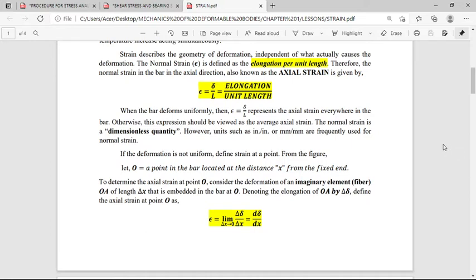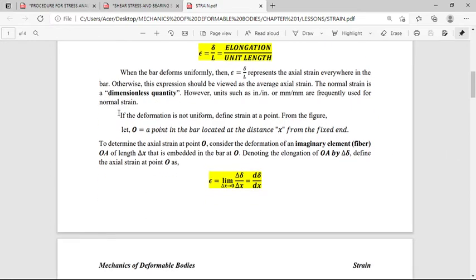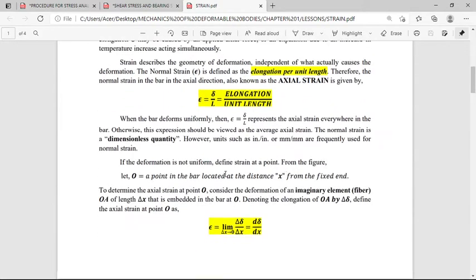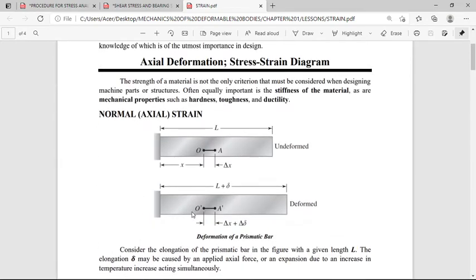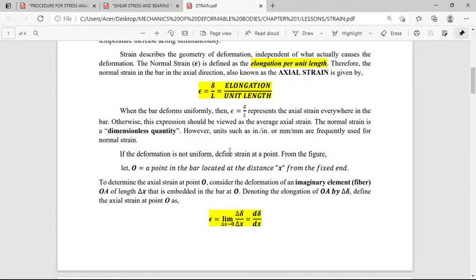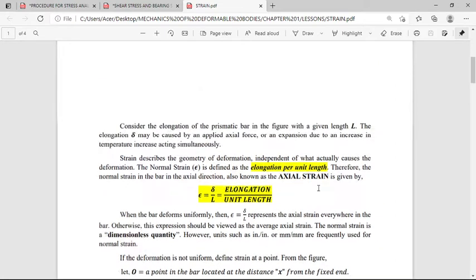So, if the deformation is not uniform, define strain at a point. I-consider mo daw yung strain at a single point. Galing daw sa figure na to, let capital letter O, itong O na to, ito yung una, yung nandito sa undeformed state, be a point in the bar located at the distance x from the fixed end.